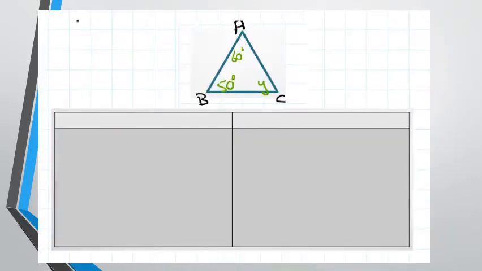Homework question number 3. If I look at this triangle once again, I see that the sum of the three interior angles equals 180 degrees, one of the properties of the triangle again. So let's quickly write again statement and reason.